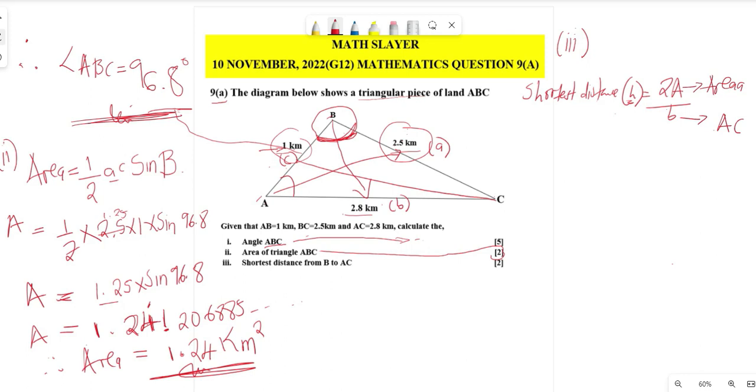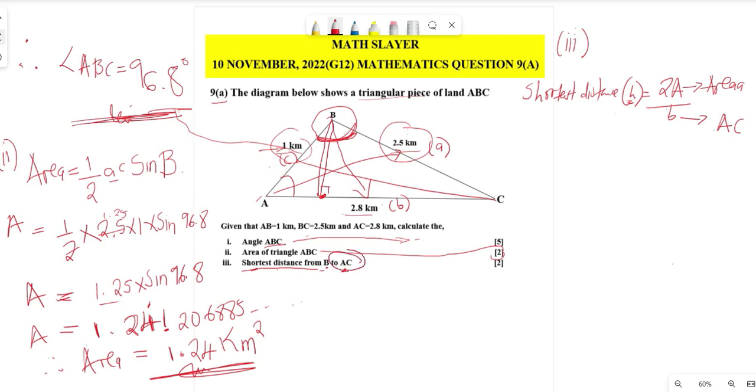When the question says calculate the shortest distance from B to AC, it means that we need to know the shortest route that we can use to move from B to come to AC. So the last length that is given, to AC, is the value of B. Let me repeat myself: the shortest distance from B to AC.